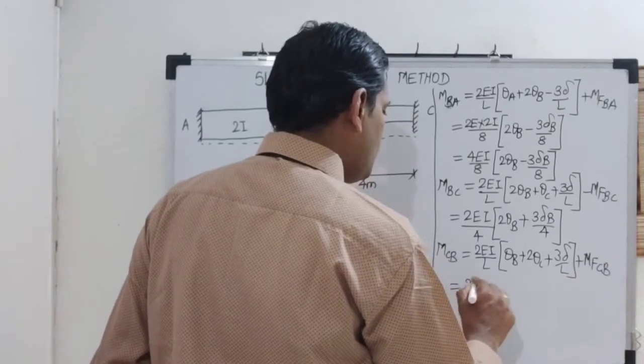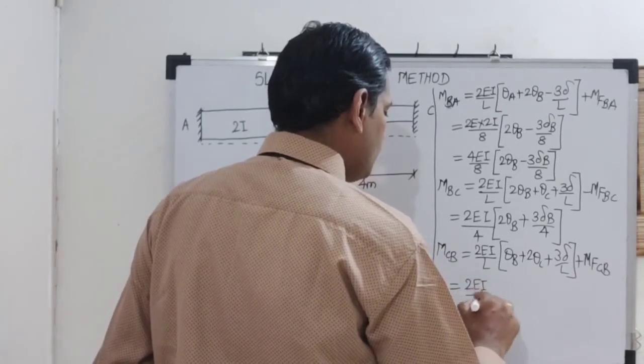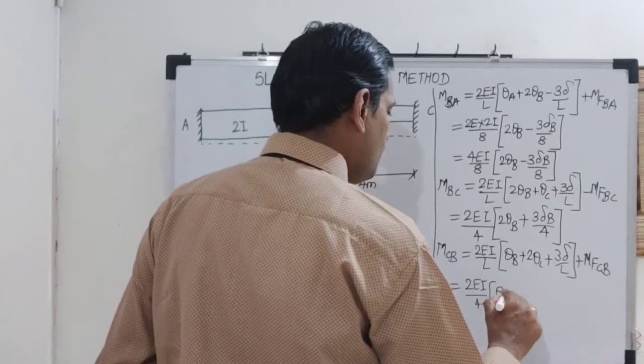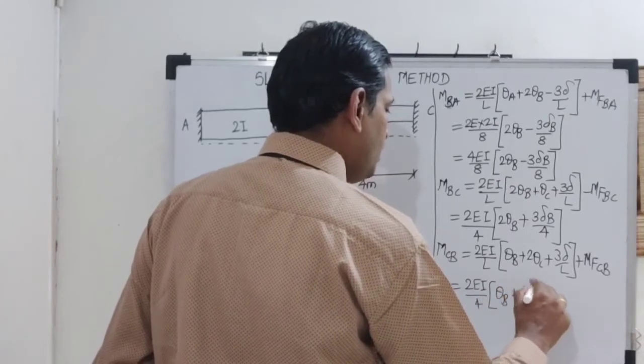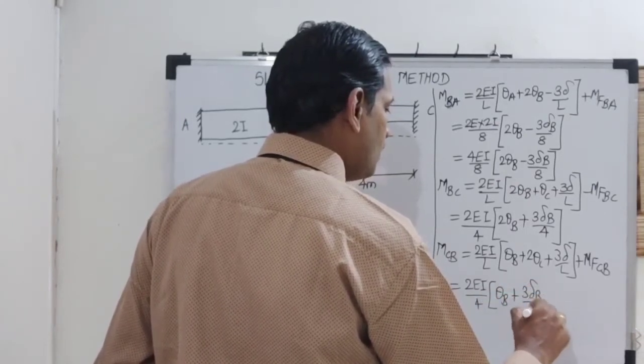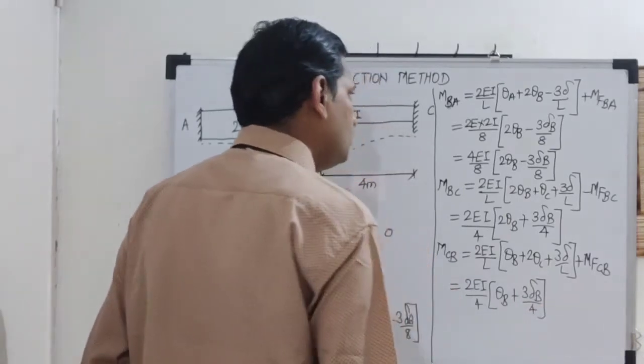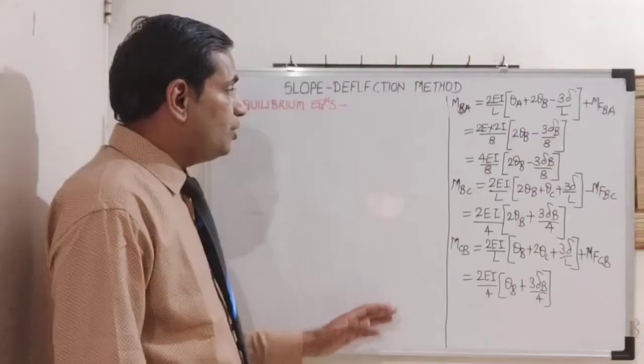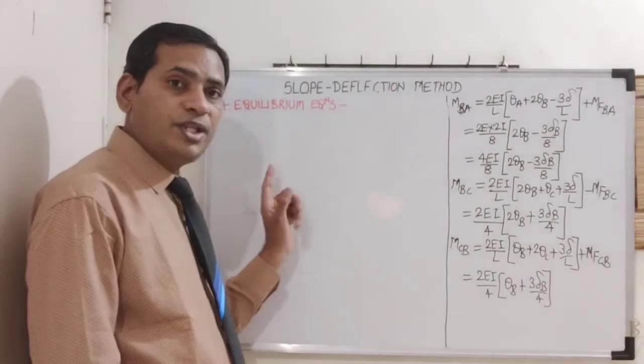So it is 2EI upon 4 into bracket theta B plus 3 delta B by 4. That's it. This we will proceed to step number 4.